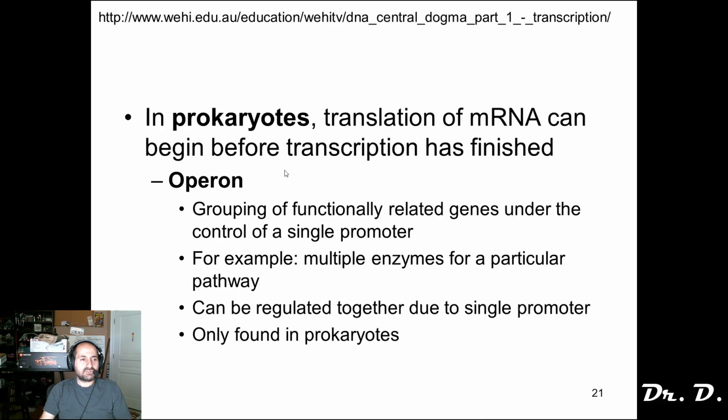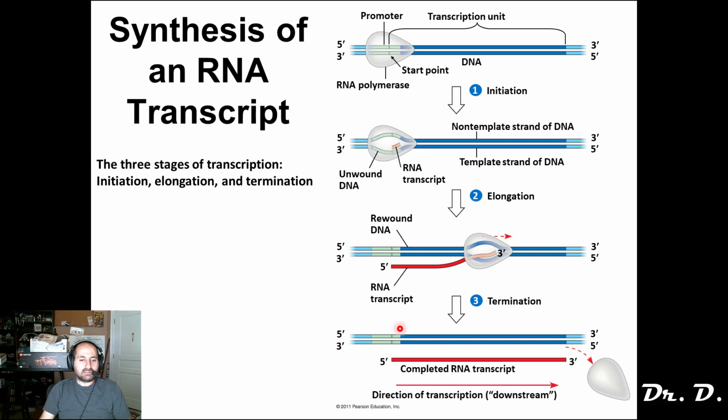Now what's really interesting is in prokaryotes, you are able to copy not just one gene into mRNA. There are certain groups of genes called operons, and those are groups of genes that are functionally related, and they're all right next to each other.